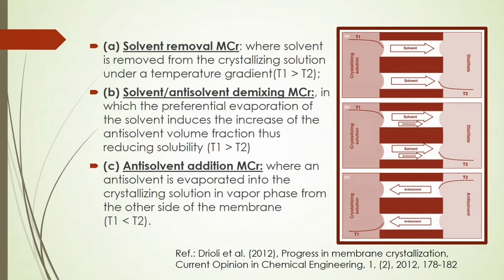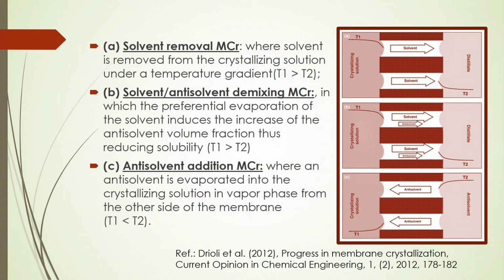And there are several aspects of membrane crystallization, like solvent removal membrane crystallization, where solvent is removed from the crystallizing solution under a temperature gradient, where temperature at site 1 would be greater than temperature at site 2.